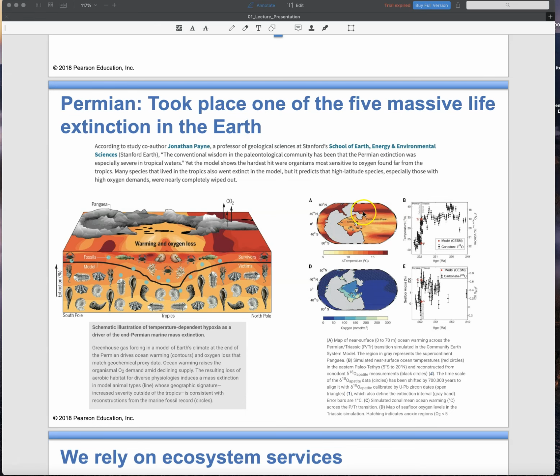This graph over here is showing you in very hot colors, reds, the temperature at different latitudes of the planet. It was very high in here and also in here, as you can see these very red colors, that match this graph that you have over here.